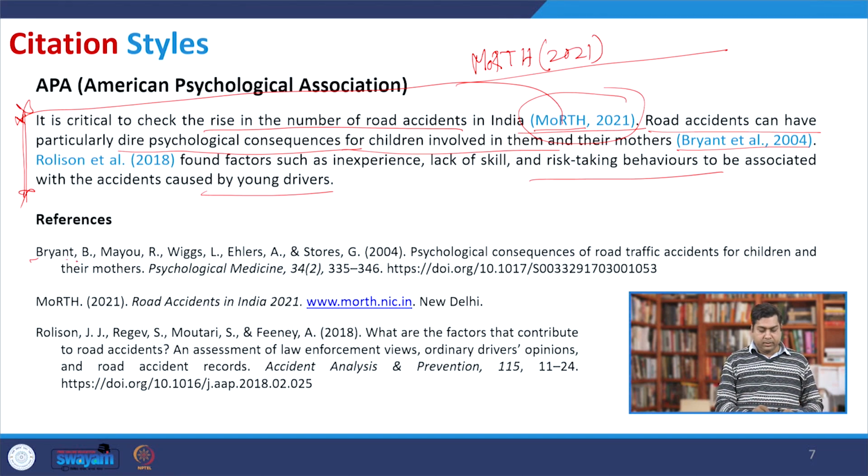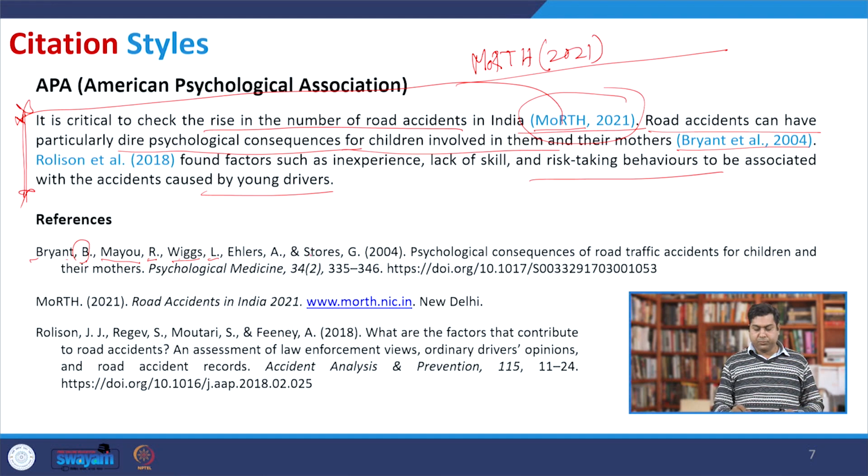Brandt, then the first name initial with a dot is required, then a comma, then the second author, then the first name initial, comma, then the third author surname, comma, initial of the third author's first name, like that.